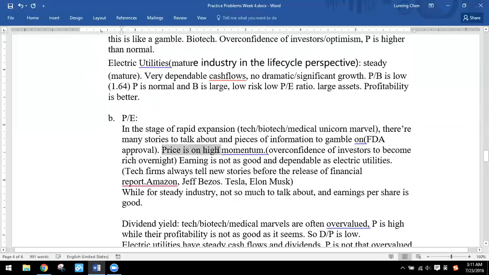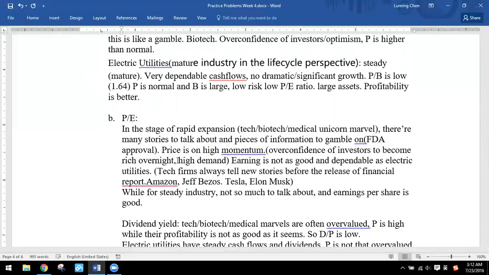So the price is on a very high momentum. It's either the overconfidence of investors to become rich overnight, or it's just the stocks are in high demand.